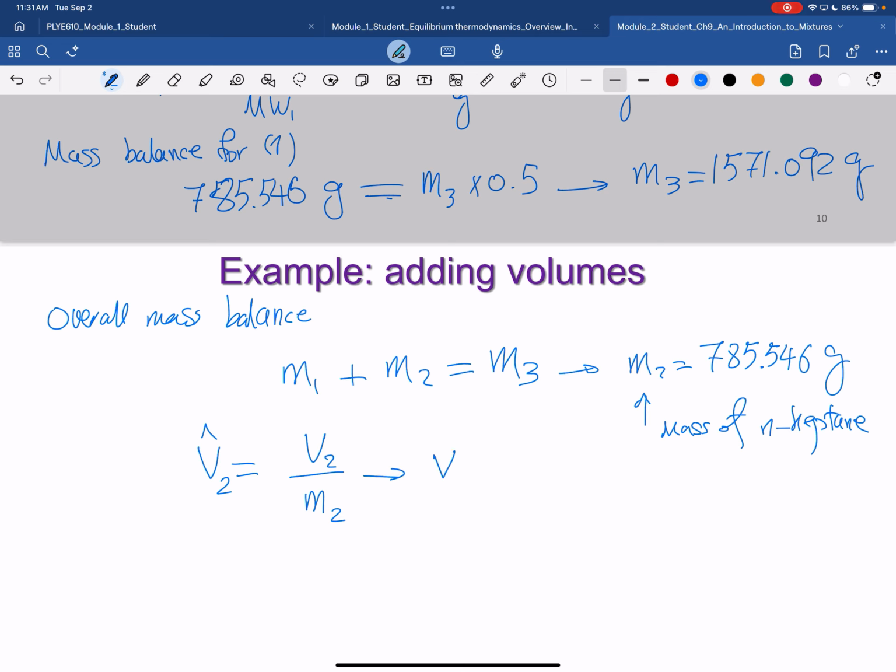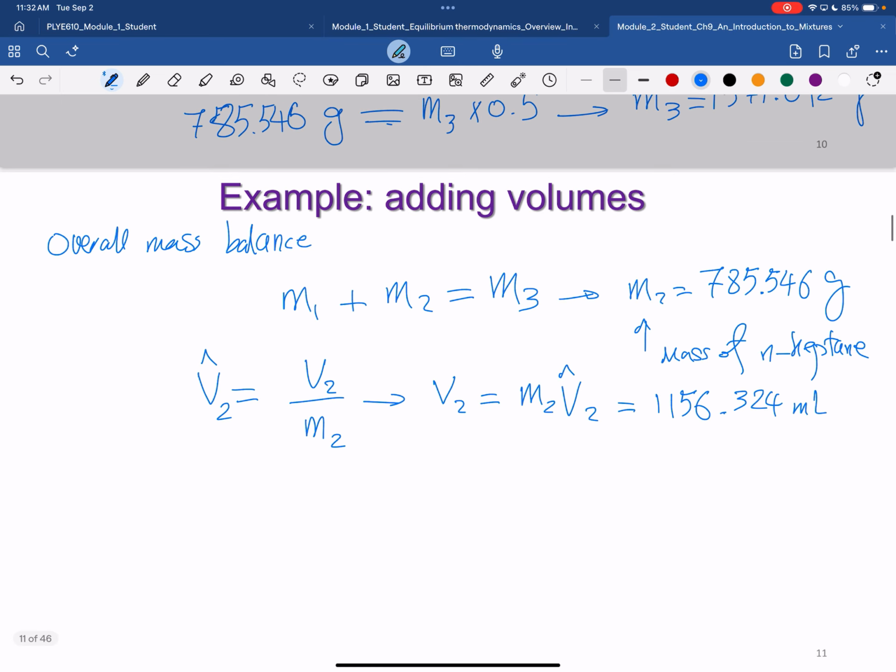So using this, the volume of N-heptane is going to be M2 times the specific volume, in milliliters.